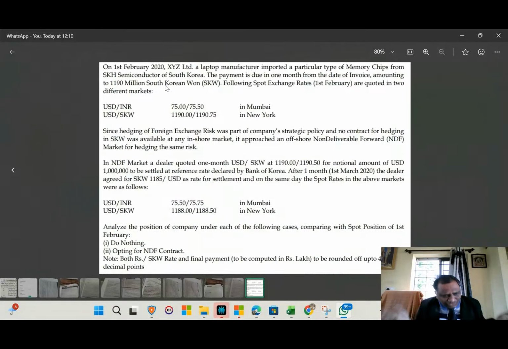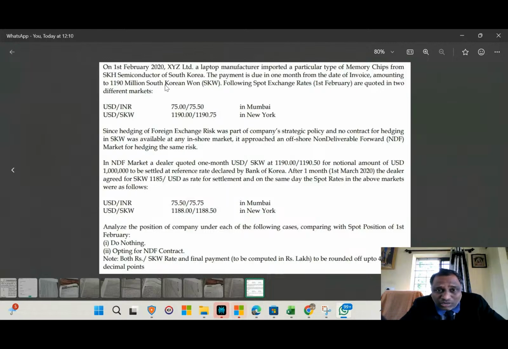In the market, if I want 1,190.75 South Korean won, I need to give $1.